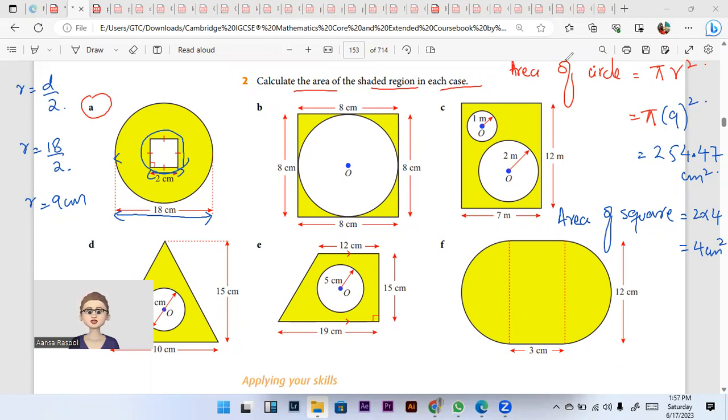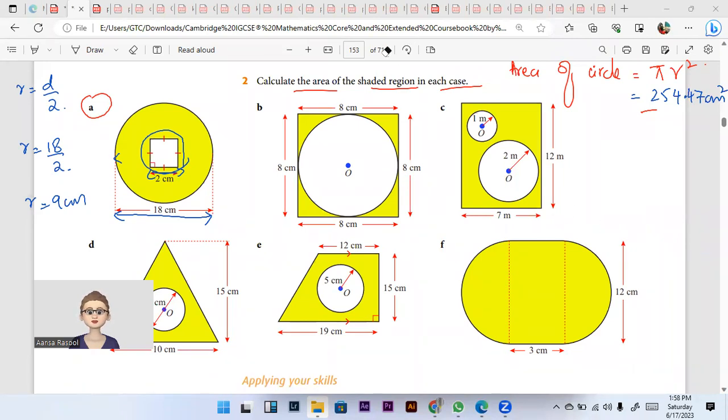So over here, the area of the circle was 254.47 centimeter square, and the area of the square is 4 centimeter square.